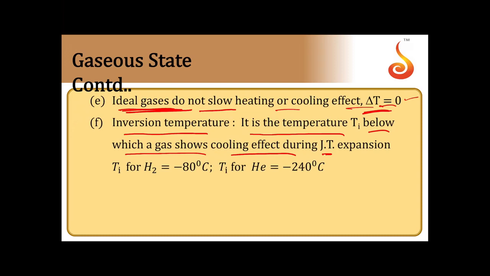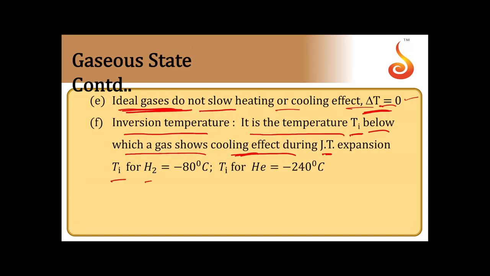Therefore, to experience Joule-Thomson effect, the gases must be cooled to a certain temperature so that they start experiencing the force of attractions. The temperature to which they must be cooled to experience force of attraction itself is called inversion temperature. So below the inversion temperature, the gas molecules start experiencing Joule-Thomson effect. That is, they start experiencing the cooling effect. Above that, cooling effect cannot be seen.